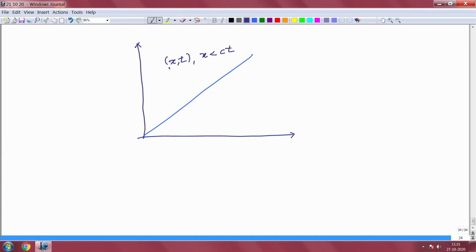Again, if I draw the characteristics through this x t, one characteristic intersects the boundary. See, the earlier case it was not doing that. And for the other characteristic there is no problem. So, this x plus c t is there.